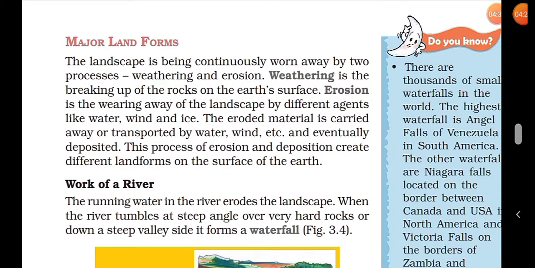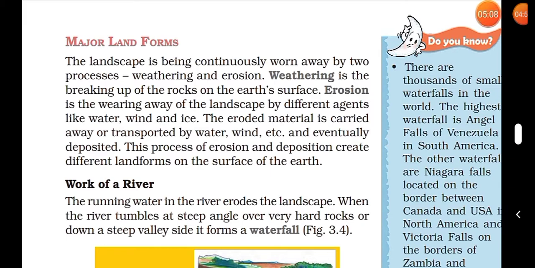Now we will take our next topic, major landforms. The landscape is being continuously worn away by two processes, weathering and erosion. So the landscape changes because of weathering and erosion.